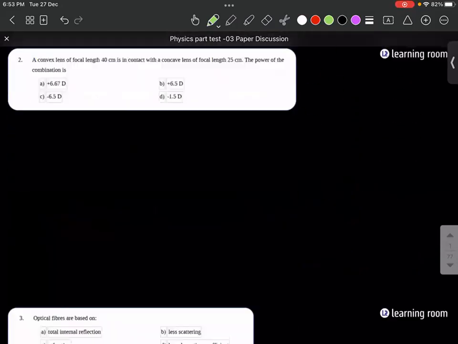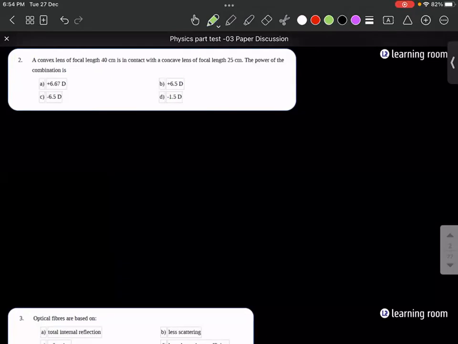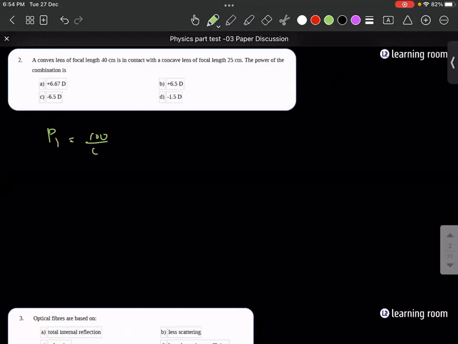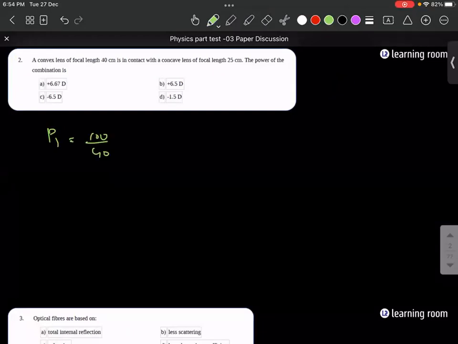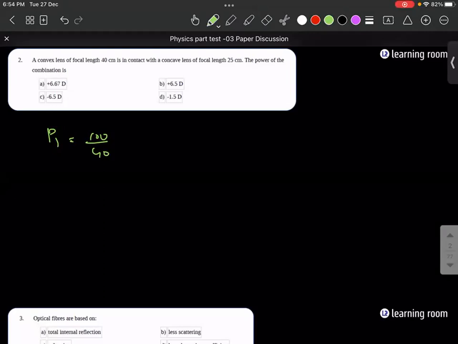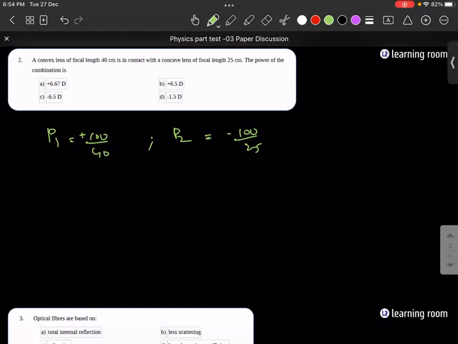Next. A convex lens of focal length 40 centimeter is in contact with a concave lens of focal length 25 centimeter. The power of the combination is. So P1 is equal to 100 by 40. Is it positive or negative? Power of the convex lens is positive or negative? So for convex, it is positive, concave, it is negative.